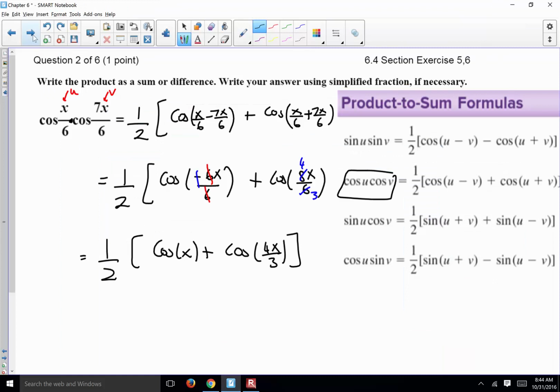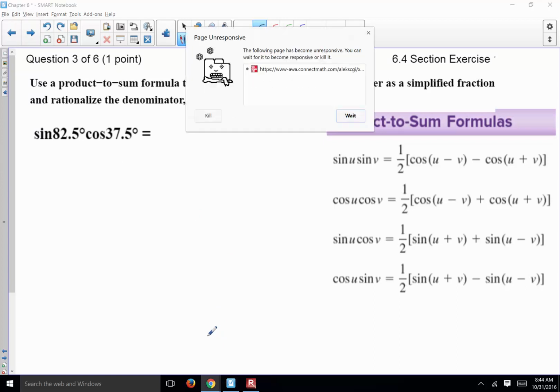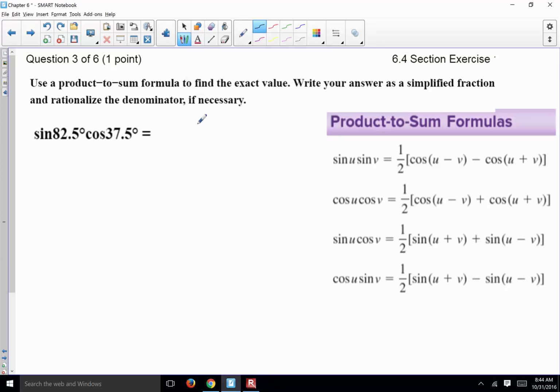Alright, why don't you guys try this when I'm working on the next one. Next time, where instead of x's, we have a real angle, even in degrees, 82.5, 37.5.